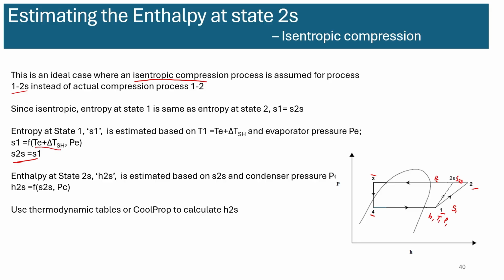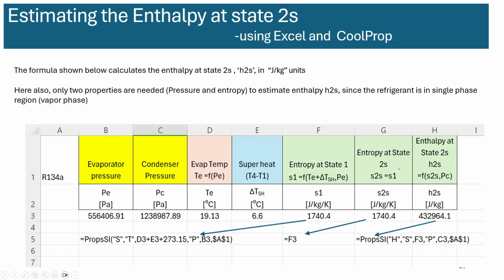One is the temperature, which is TE plus the delta superheat, which is the actual T1, not the measured T1, and the other is the pressure. Using those two, you can use CoolProp or other thermodynamic tables to calculate S1. Once you get S2s, the enthalpy at 2s is a function of entropy and the condensing pressure. So let's use CoolProp to calculate this. In our case, S1 is first estimated using TE, delta DSH, and PE.